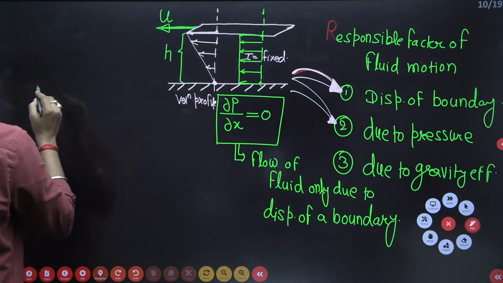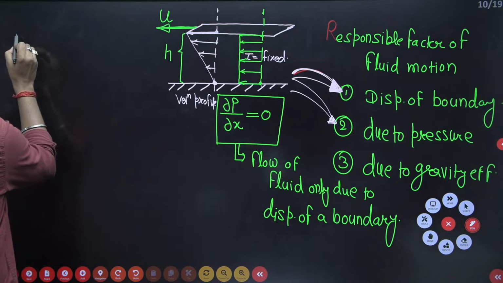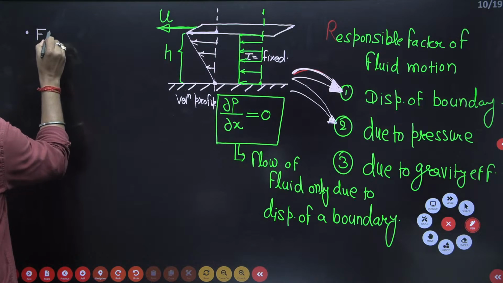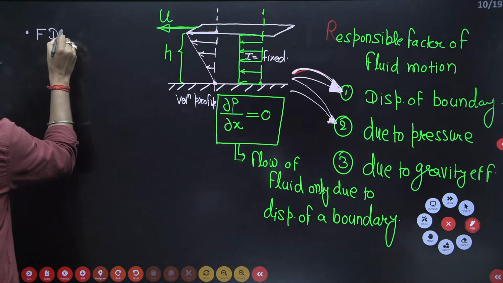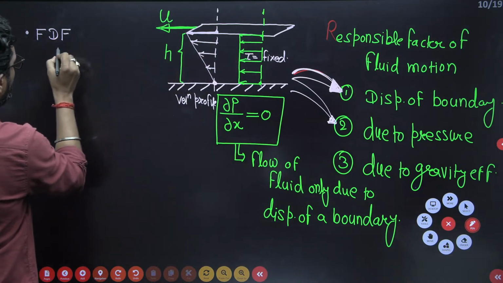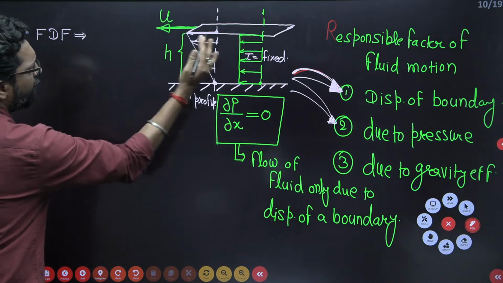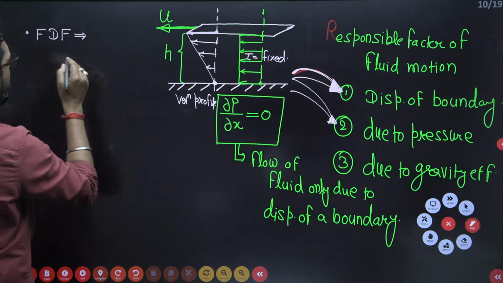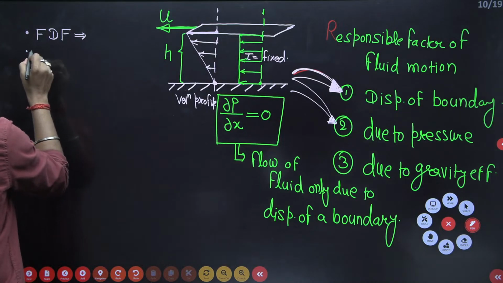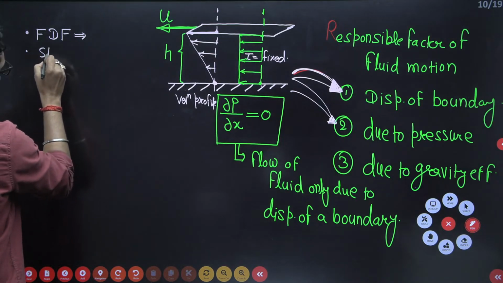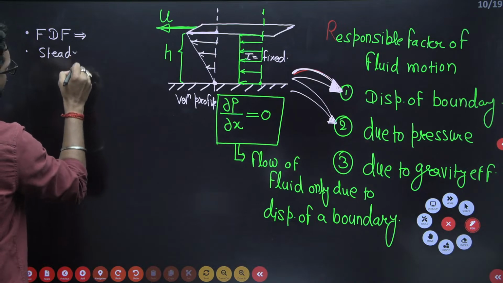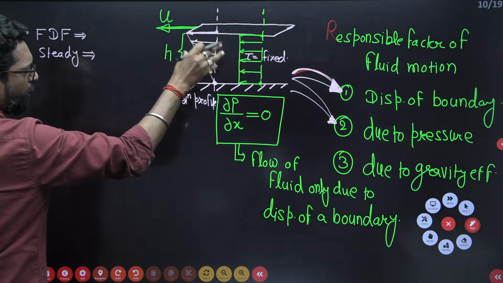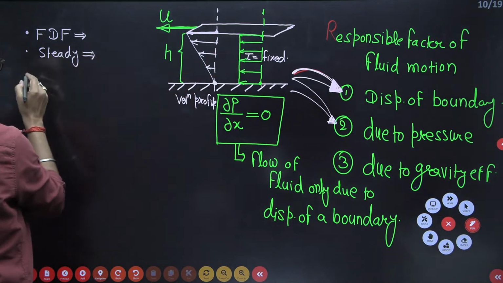Now, my dear, what is fully developed flow? What is meant by fully developed? No velocity varies along the flow direction. Number second, what assumption is there? Steady. That means the kinematic parameters or the properties of the fluid don't change with respect to time.